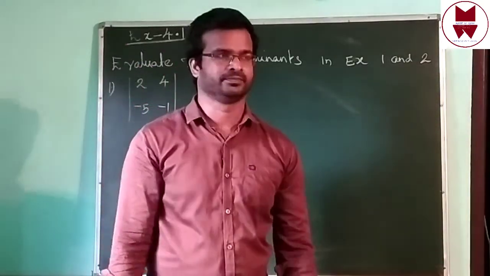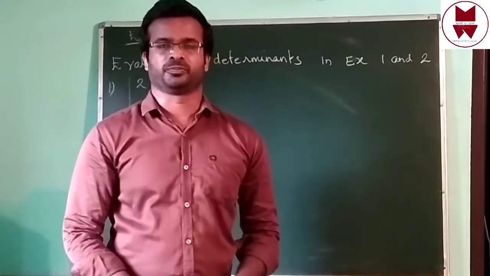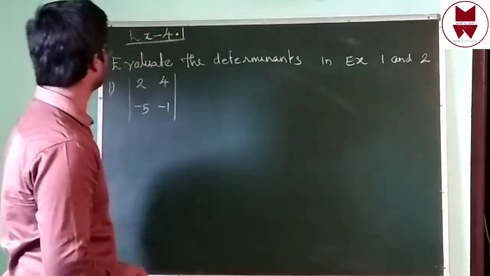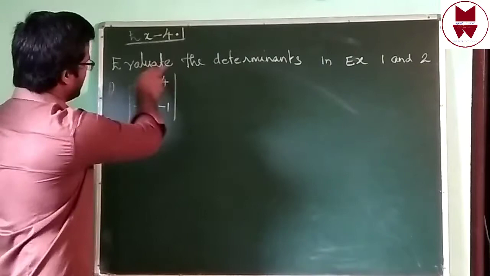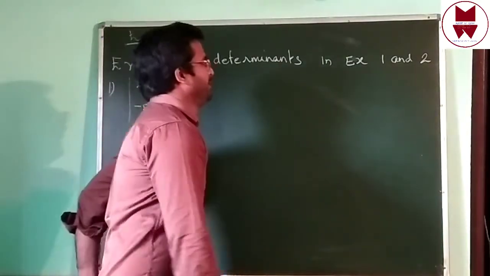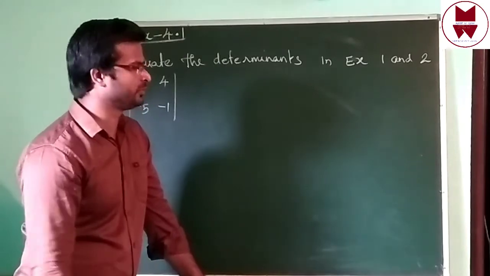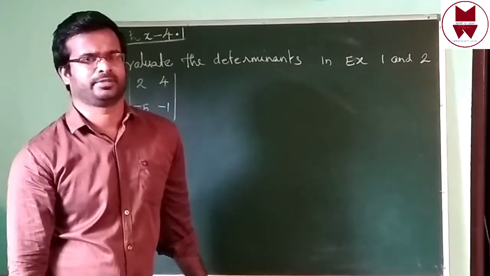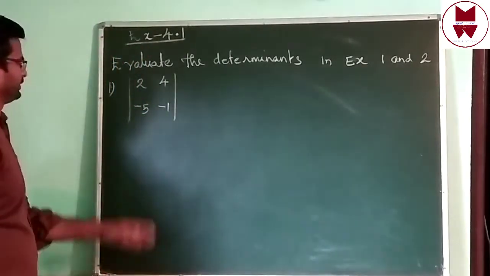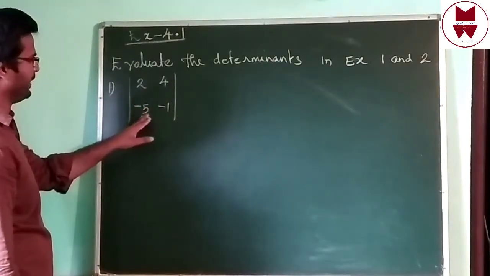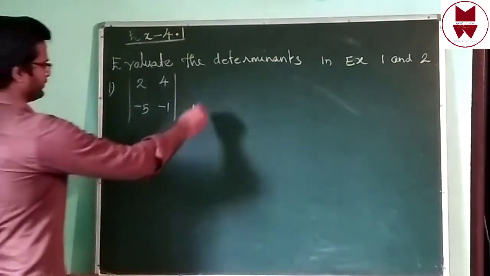Now we can see exercise 4.1. Our first question: evaluate the determinants in exercises 1 and 2. Question number 1 and 2, we have to find a determinant. First question, determinant 2, 4, minus 5, minus 1.